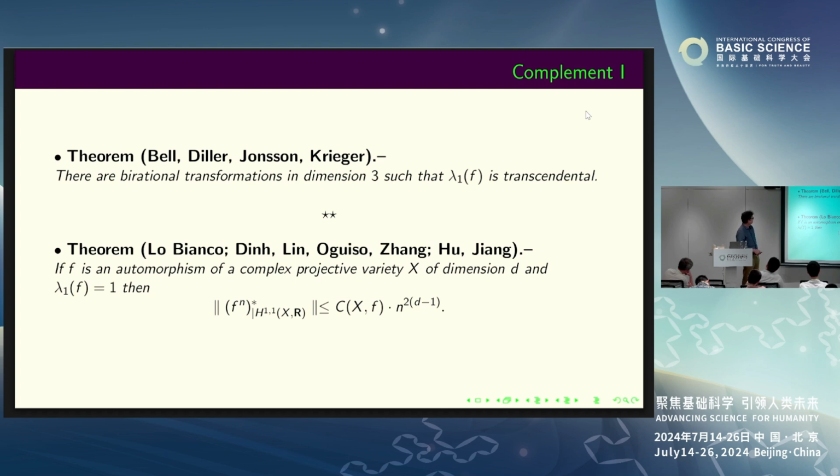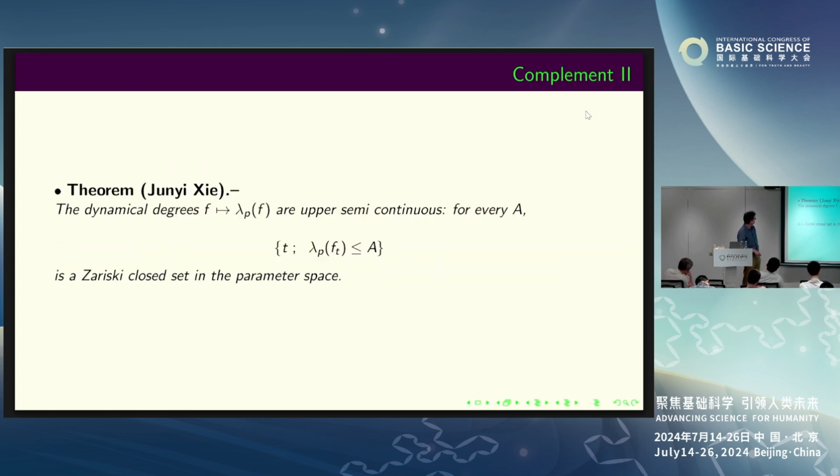Okay, that's the second topic, and the third one I wanted to highlight is a very recent result by Junyi Xie, who is working in Beijing. I think he's famous now in Beijing. He proved something which is the following. You look at the pth dynamical degree for a family of birational transformations.